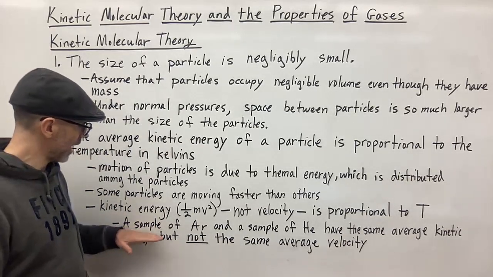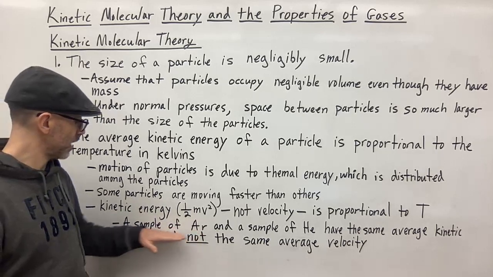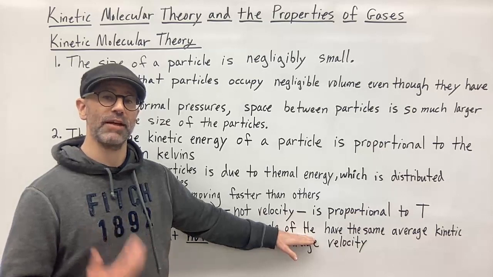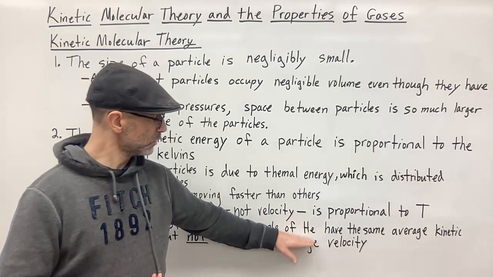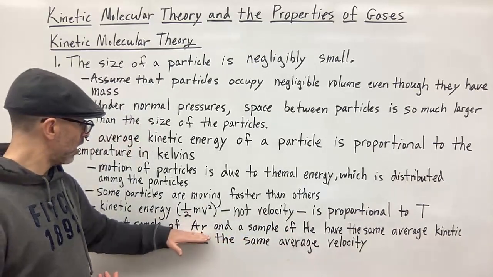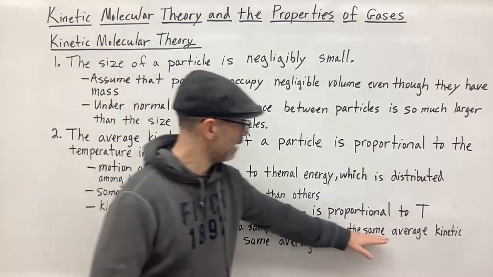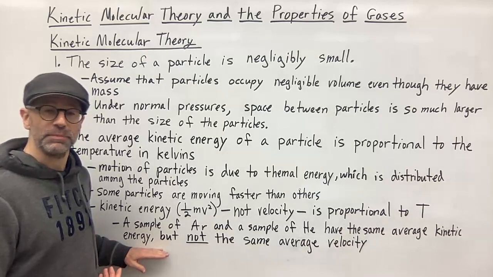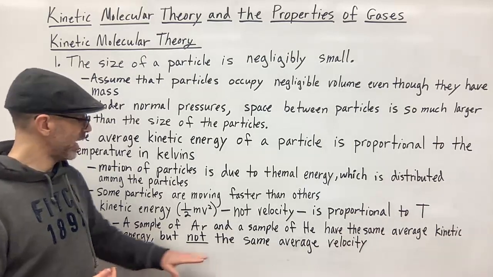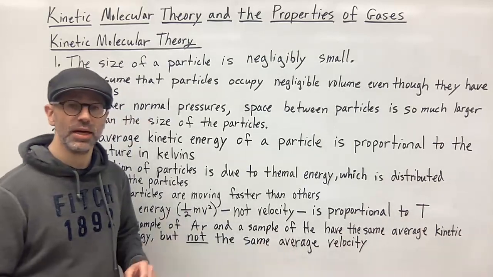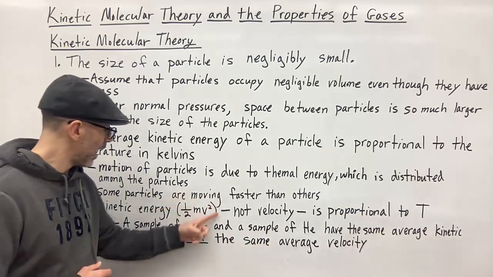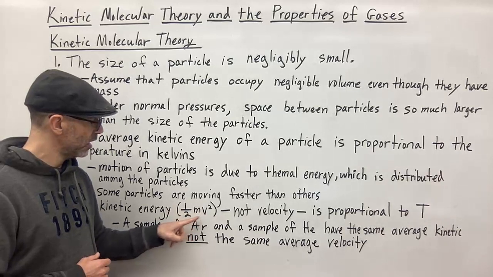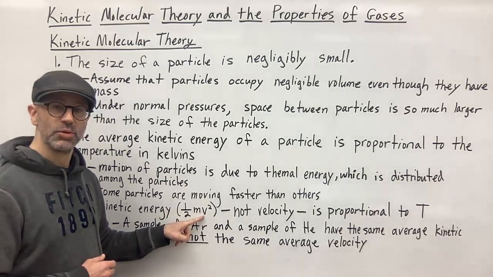You have a sample of argon and a sample of helium, two different gases. They have different masses. Both of these samples of gases are going to have the same average kinetic energy at the same temperature, right? But they're not going to have the same average velocity because, again, the average kinetic energy is related to the mass and the velocity squared.